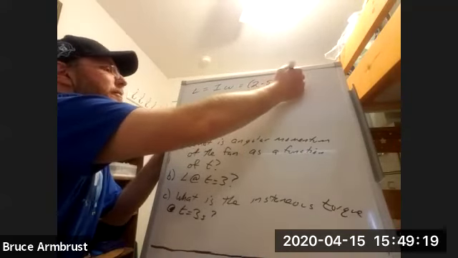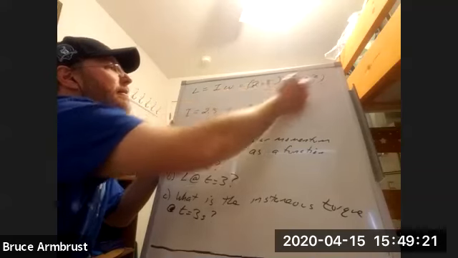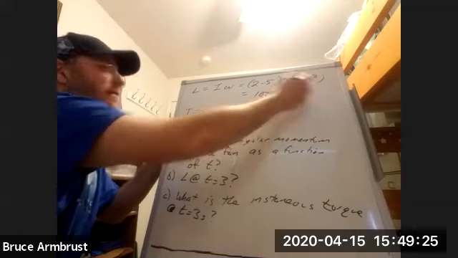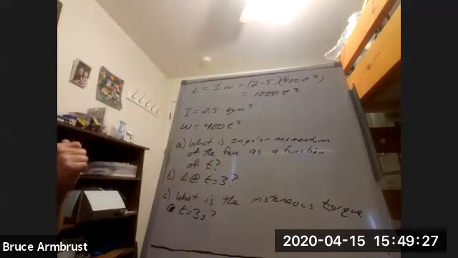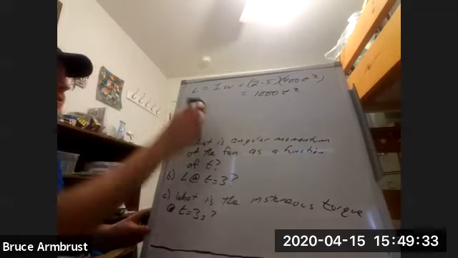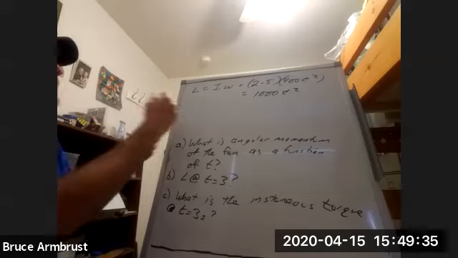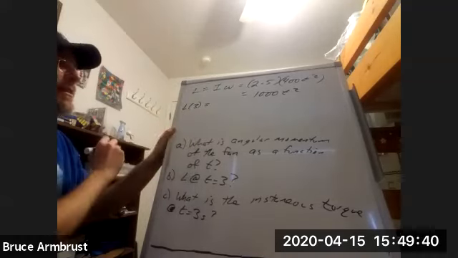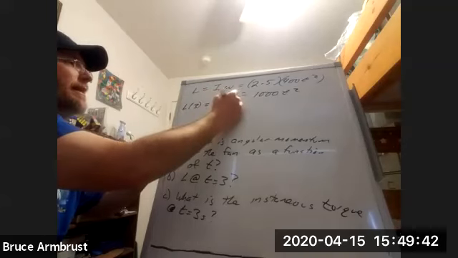Omega is 400 t squared. So this is going to be 1,000 t squared. For the second part, what is L at t equals 3? After 3 seconds, the angular momentum is up to 9,000.